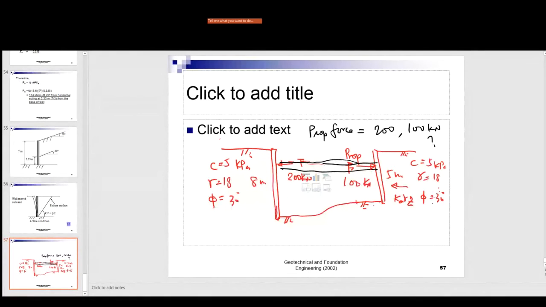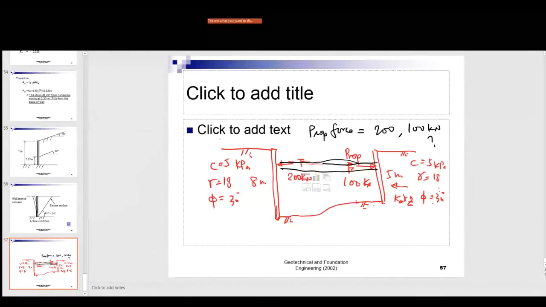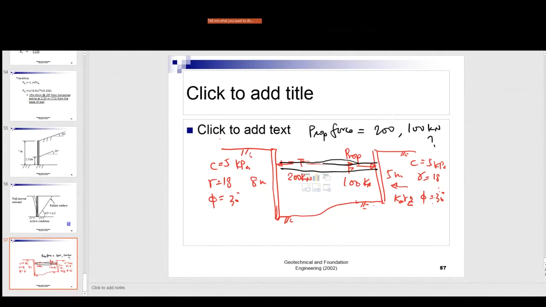So you have to apply the integral approach to see the interaction between the left-hand side and the right-hand side, and not ignore the other side. That is the approach adopted by the geotechnical engineer: the interaction between the individual parts of the geotechnical structures. So that's the point.